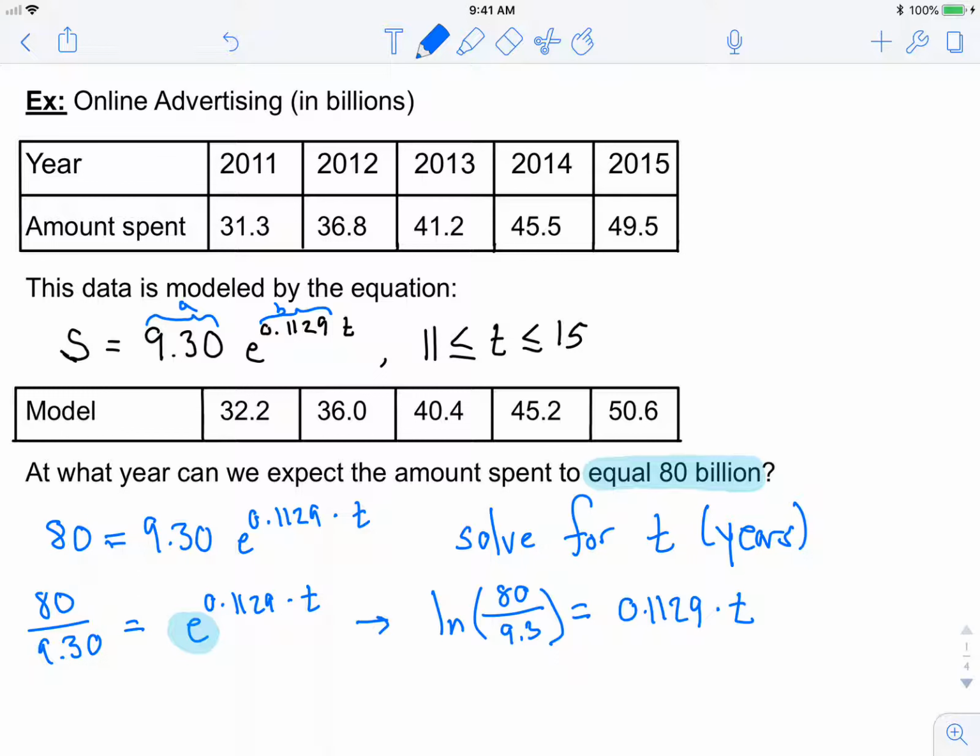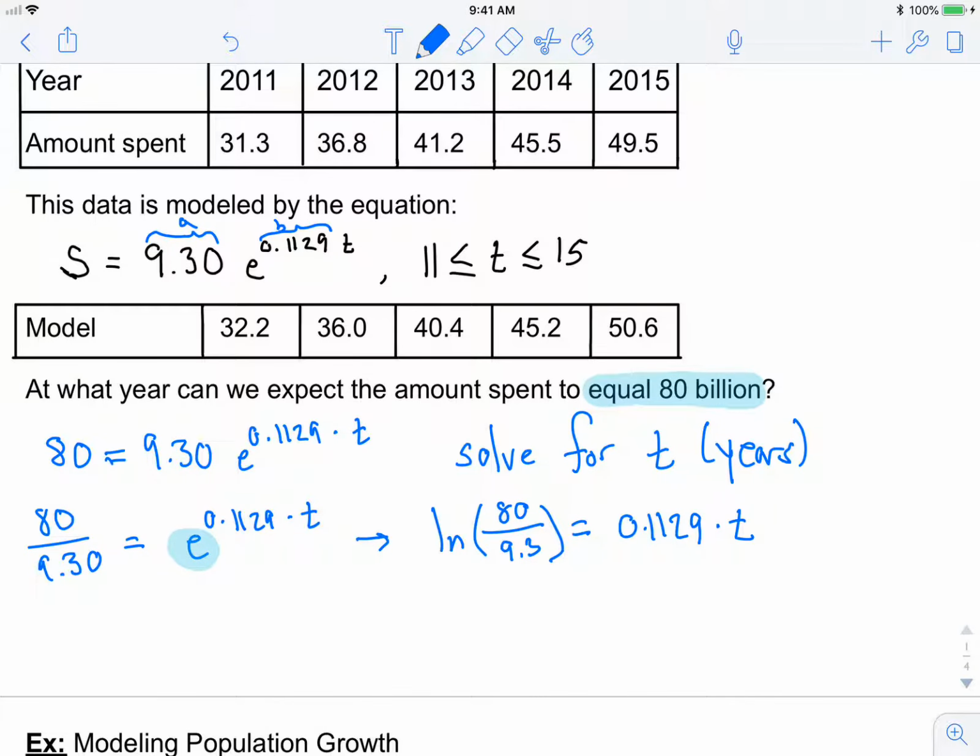To finish this off, all we need to do is divide the 0.1129 to the other side, and we'll have that t is equal to the natural log of 80 divided by 9.3, divided by 0.1129, which is approximately 19.1.